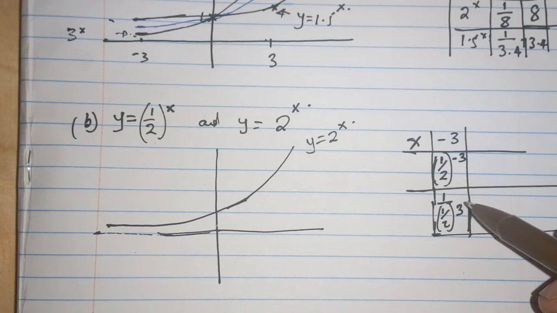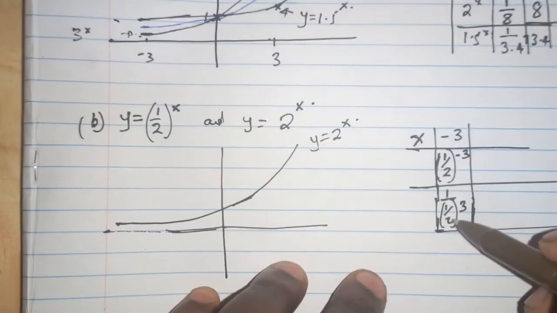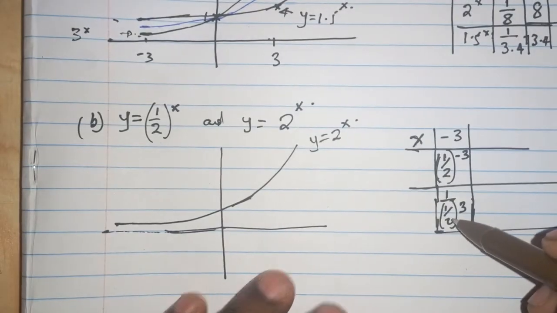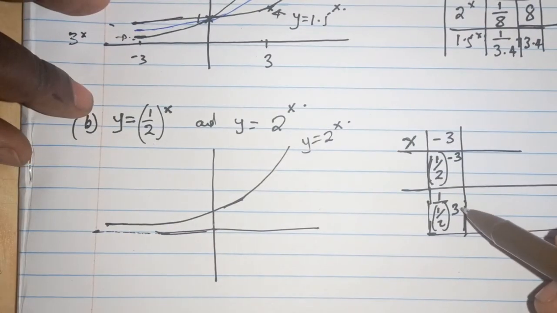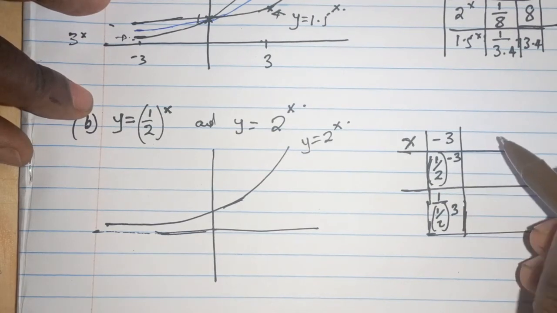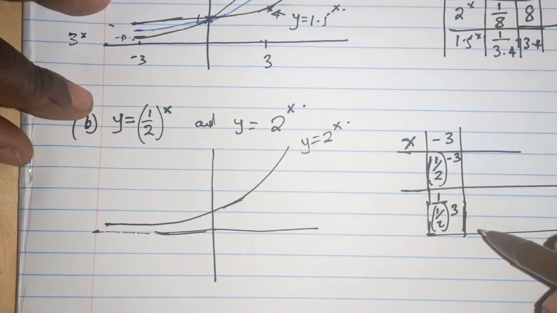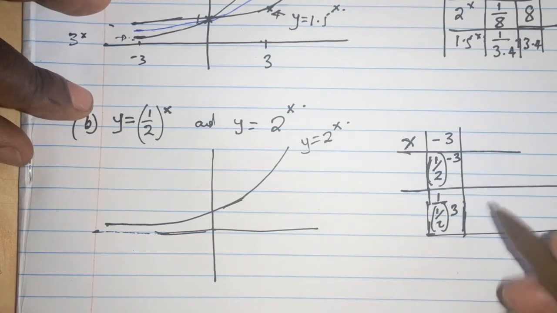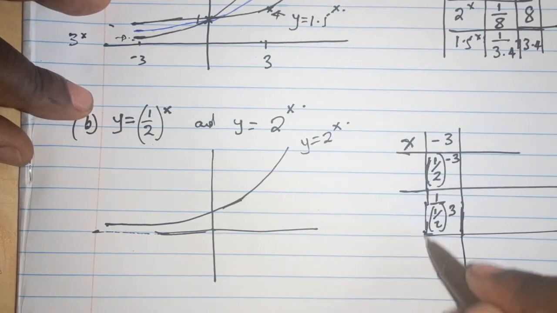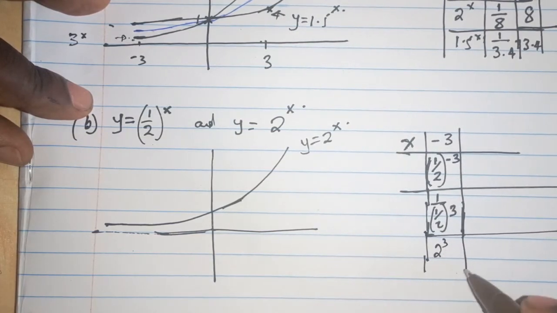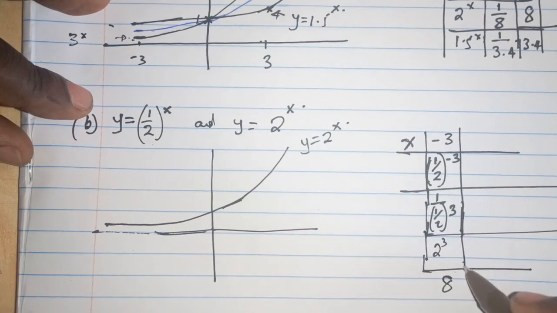And when anything is divided by a fraction, we need to multiply by the reciprocal of the divisor. Meaning that now 1 over a half raised to power 3 is 2 over 1 raised to power 3, and this is simply 2 raised to power 3, which is 8.